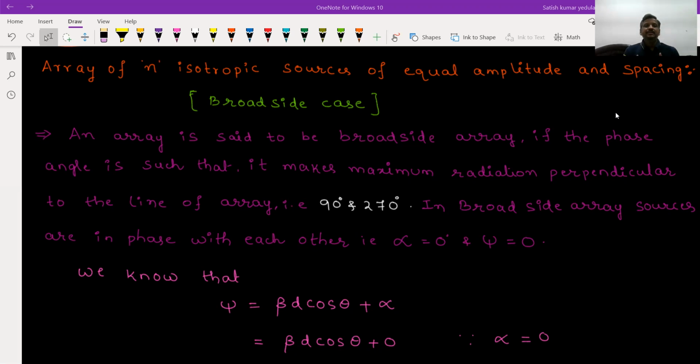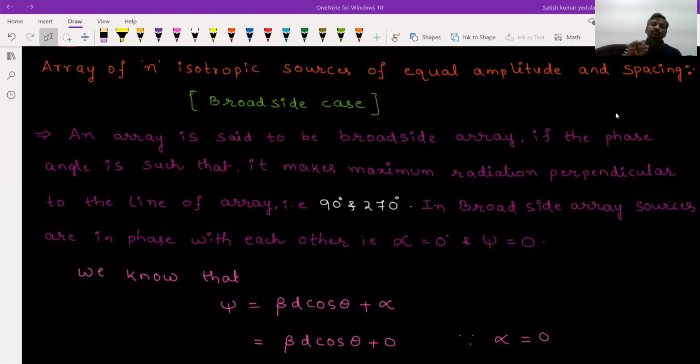Now let us see how we can do the complete analysis. Here, analysis means we are going to find the expressions of different angles through which we can draw the radiation pattern for any element array. If n equal to 3, we can just substitute n equal to 3, get the angles and draw the radiation pattern.